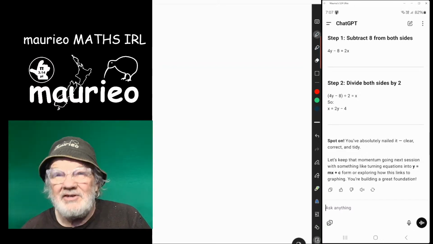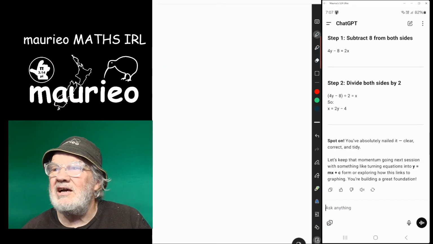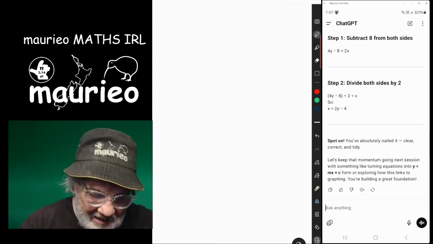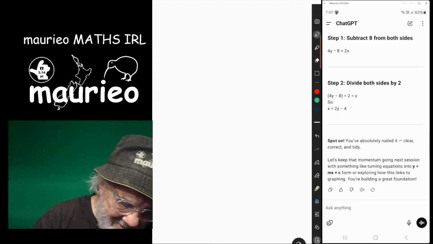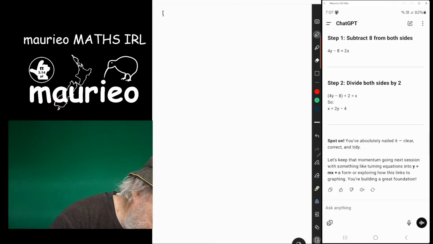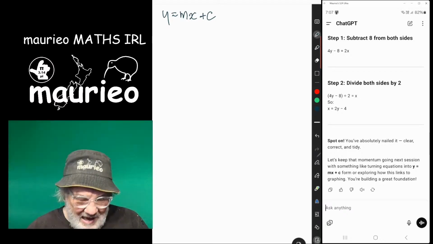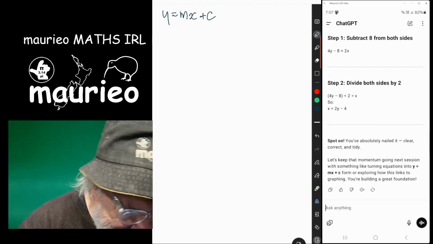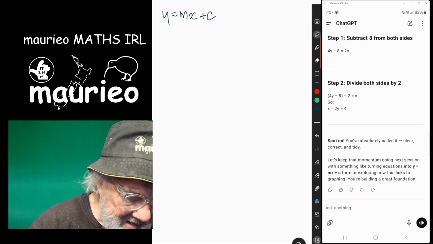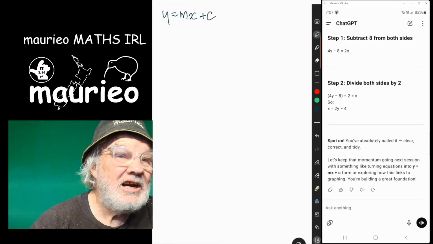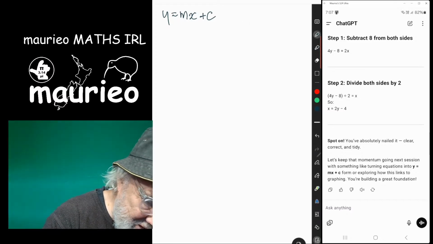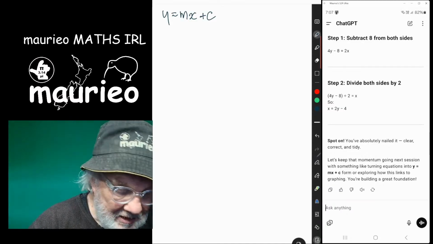And you'll see that ChatGPT has mentioned there y equals mx plus c. Now this is one form of a standard straight line equation. There are other forms as well.